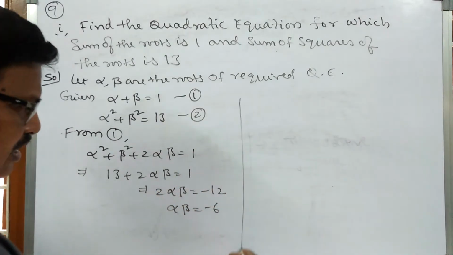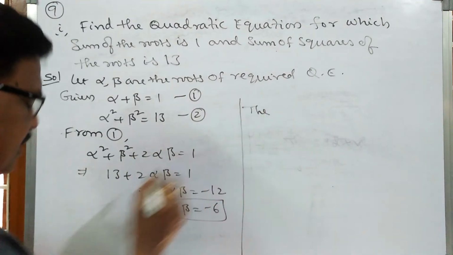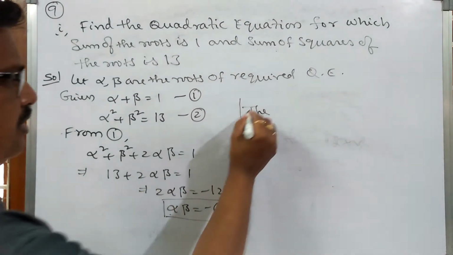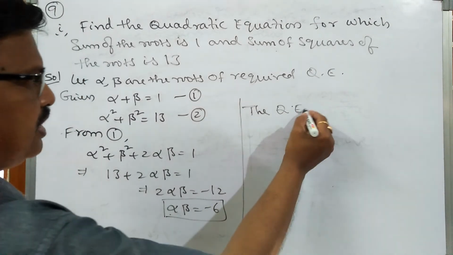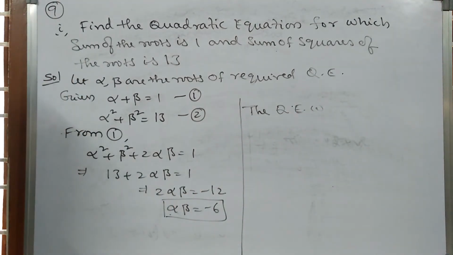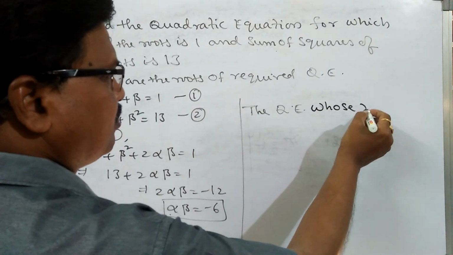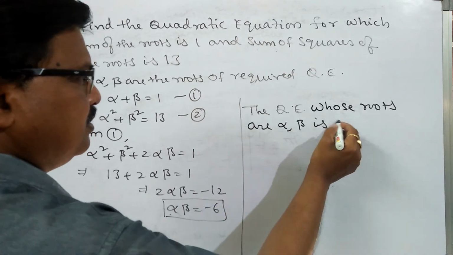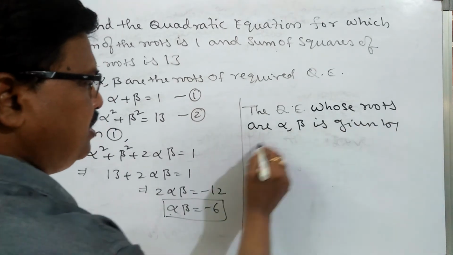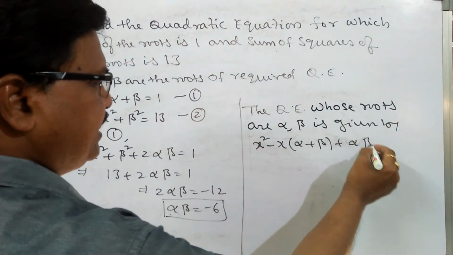Now once we have alpha beta and alpha plus beta, let us write the formula first. The quadratic equation whose roots are alpha, beta is given by x square minus x into alpha plus beta plus alpha beta is equal to 0.